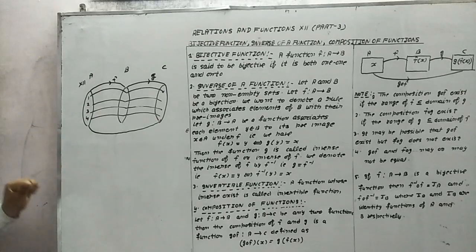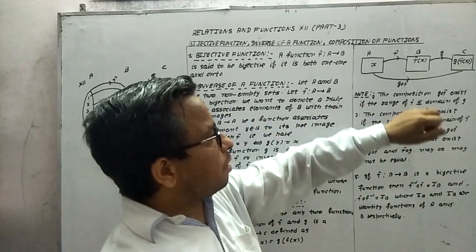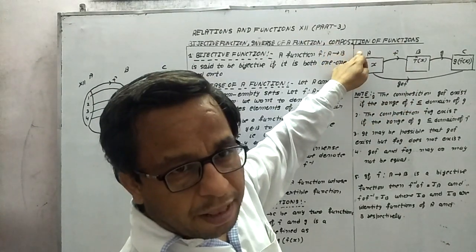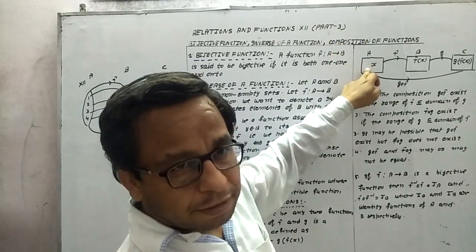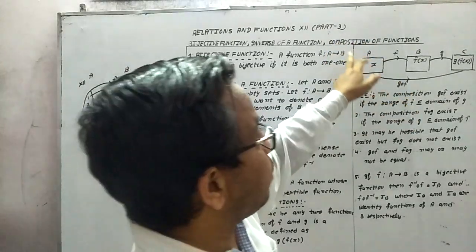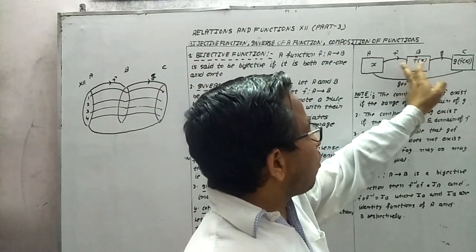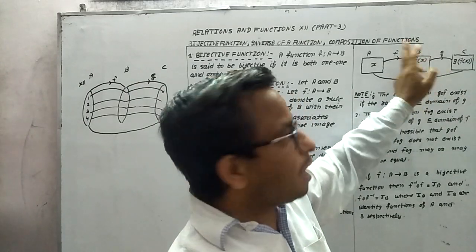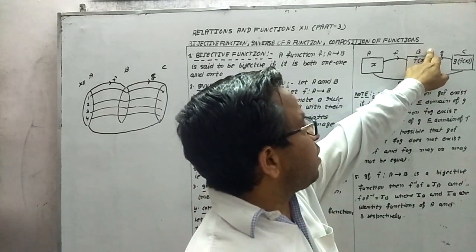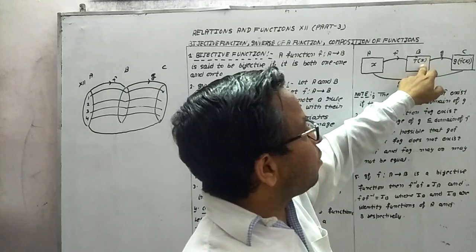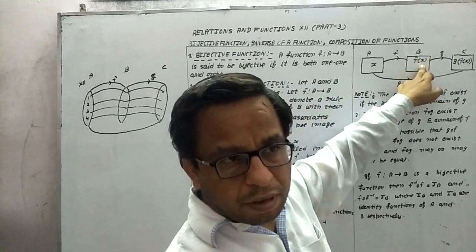So that is why it is mentioned here. Let us suppose this is a set A. If its elements are x, then there is a function f from A to B. Then in B the elements will be in the form f(x).